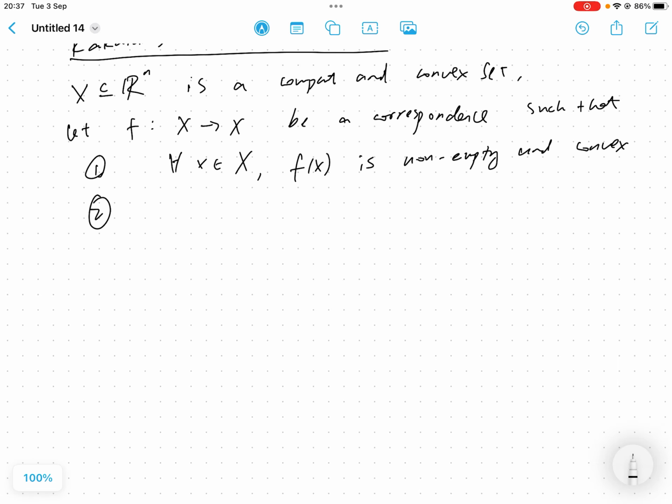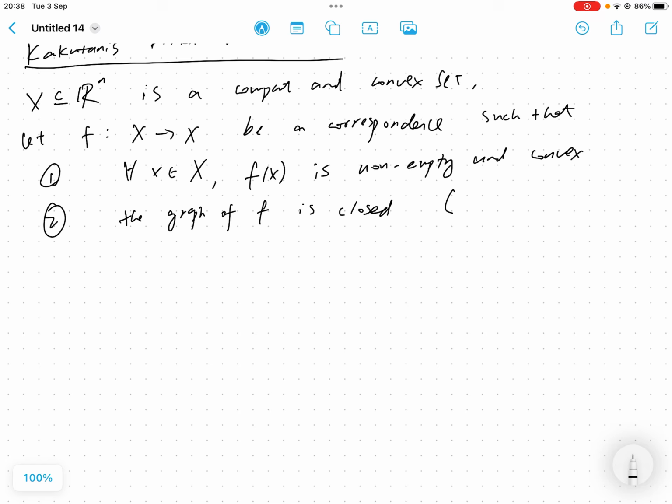And the second is that the graph of F is closed. So the graph of the correspondence is closed, meaning it includes the boundaries. That's the meaning of closed.